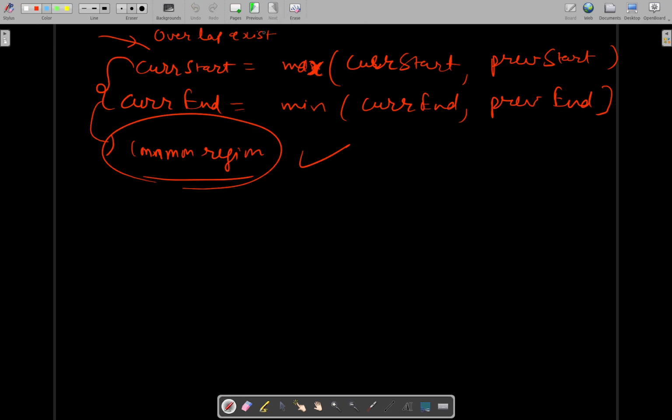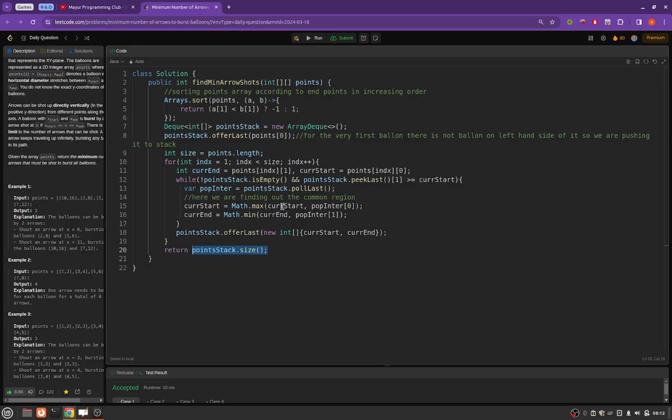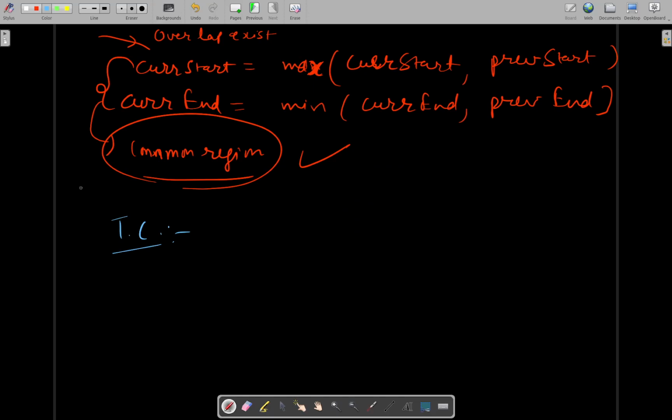As far as time and space complexities are concerned, time complexity wise, as you may have guessed, since we are doing a linear traversal only, let's say the points array has a size of n, then it will be order of n.